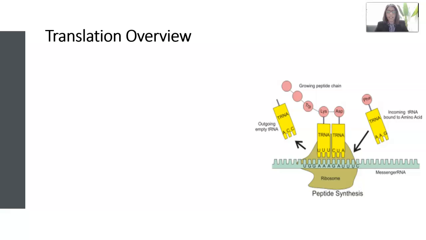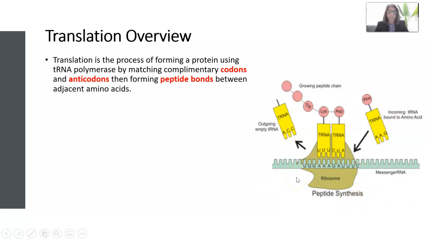So in translation, remember, we have left the nucleus, so our mRNA coding sequence has left the nucleus. We're now in the cytoplasm and attached to ribosomes. Now before we go any further, I need to remind you that translation is the process of forming a protein using tRNA polymerase.